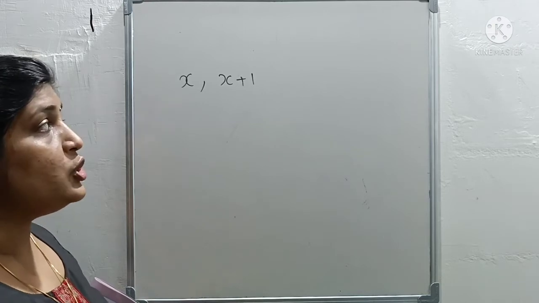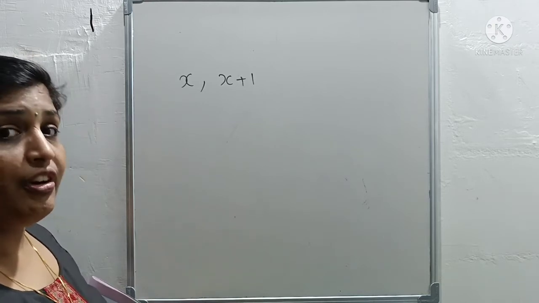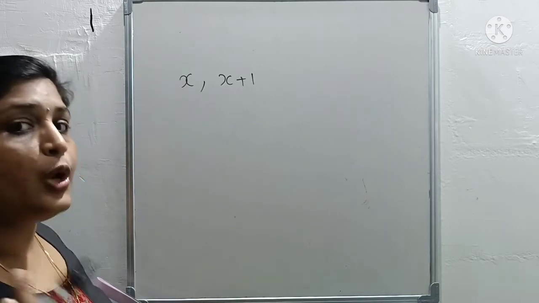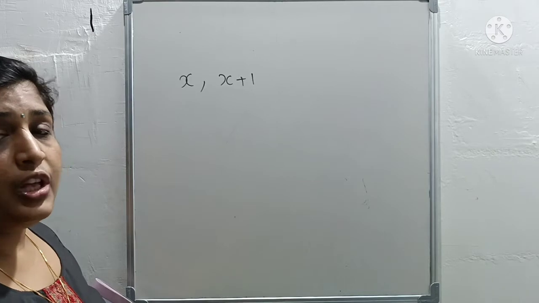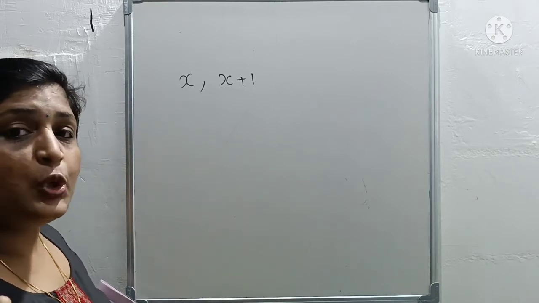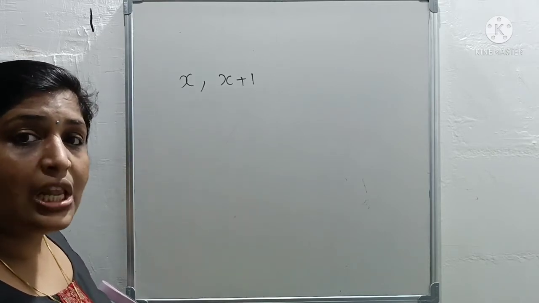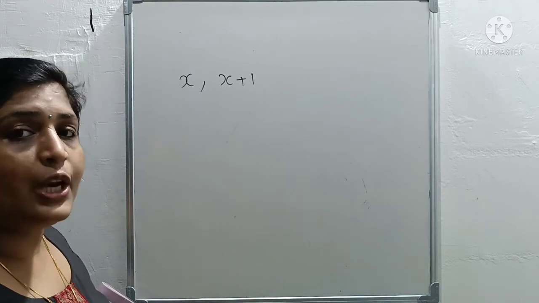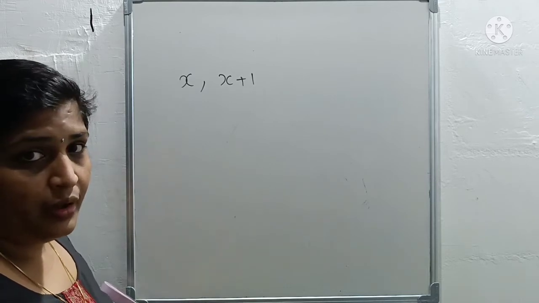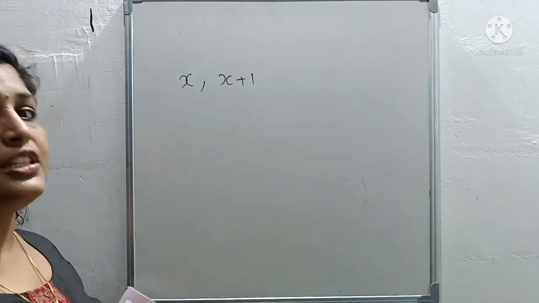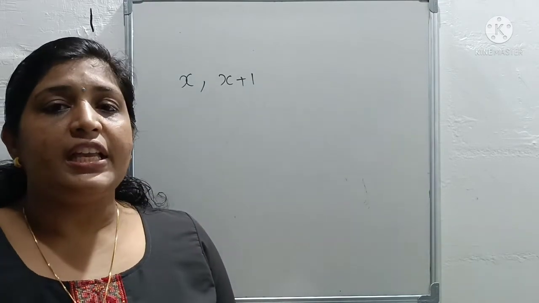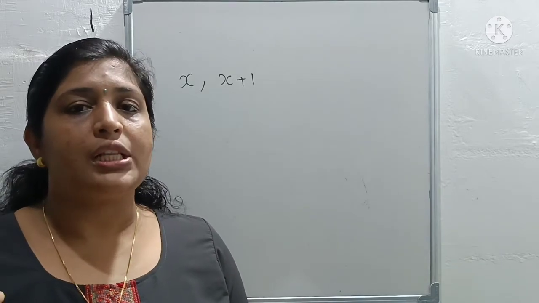If the difference of their squares is an odd number, then we can say that the difference of squares of any two consecutive natural numbers is always an odd number.